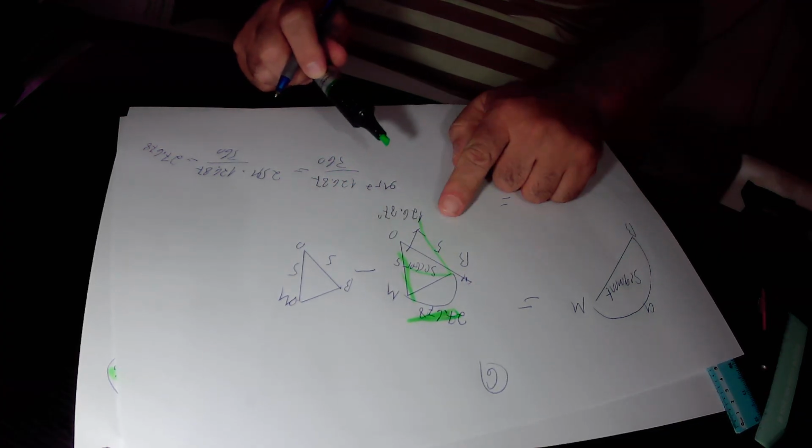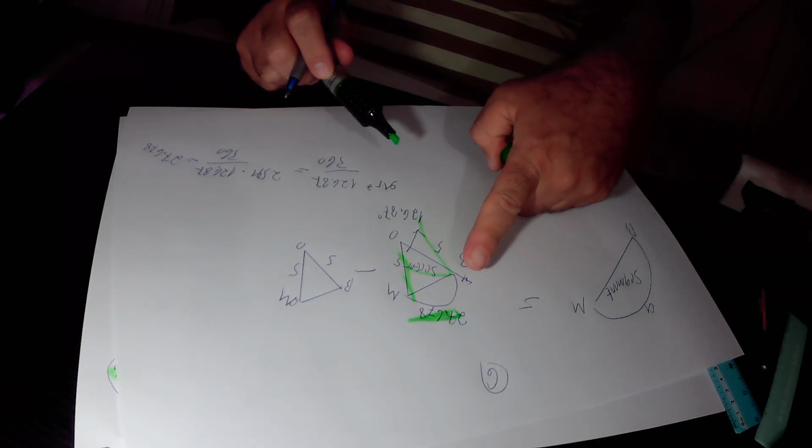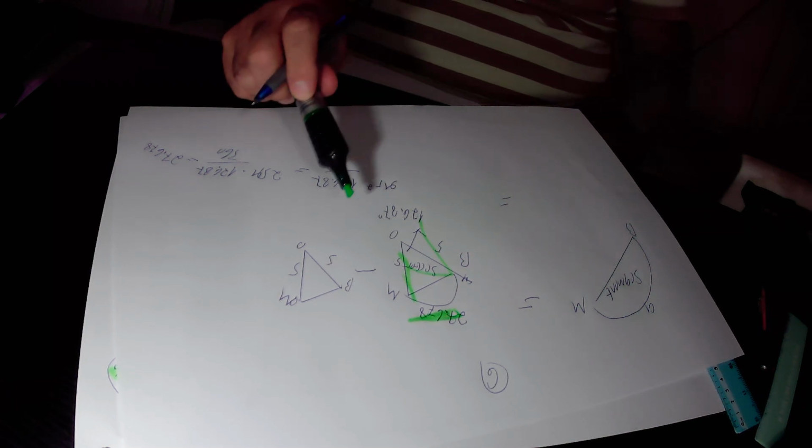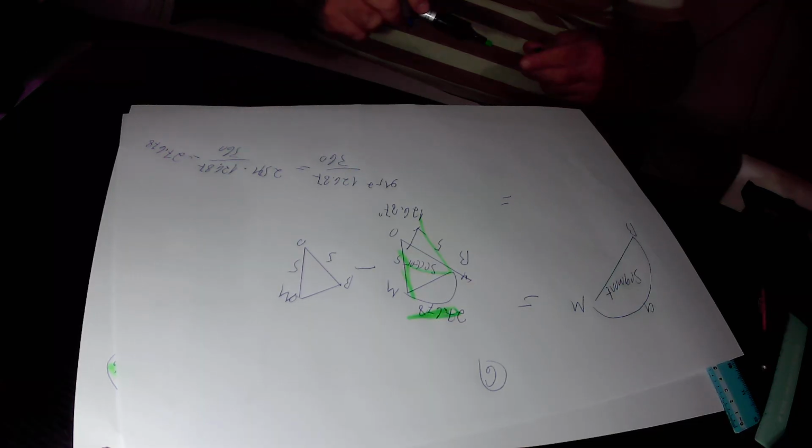Again, the area of this sector BOM equals 27.678 square units minus the area of this triangle BOM.